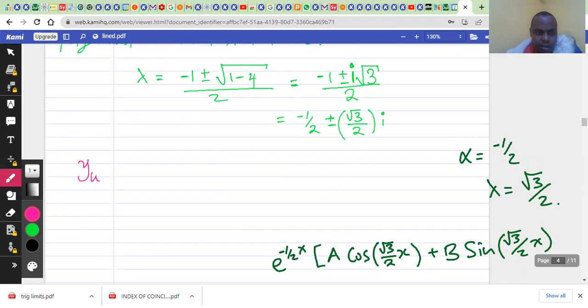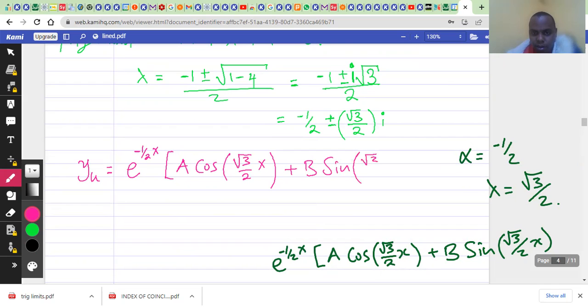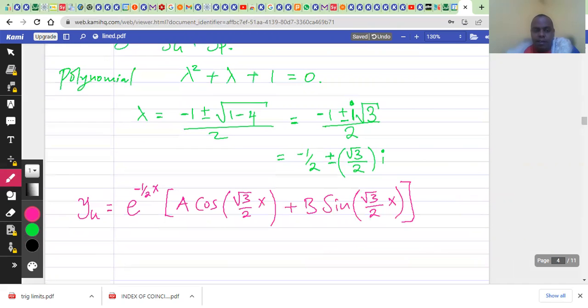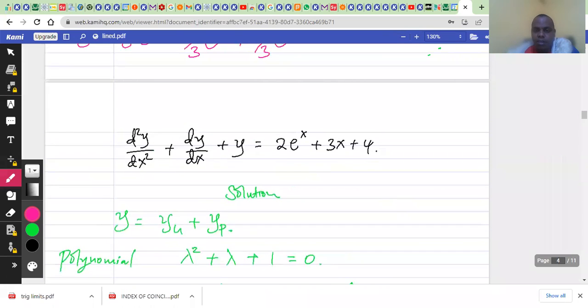So the homogeneous solution YH or YC is e to the -1/2 x multiplied by A, the cosine of √3/2 x, plus B multiplied by the sine of √3/2 x. There you go. If the homogeneous solution was already complicated, I'm afraid when it comes to the particular solution.